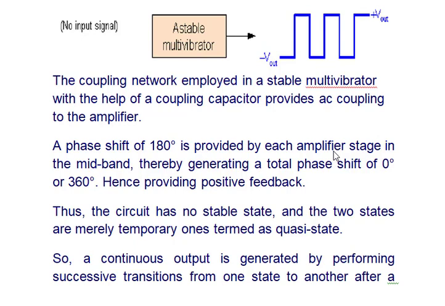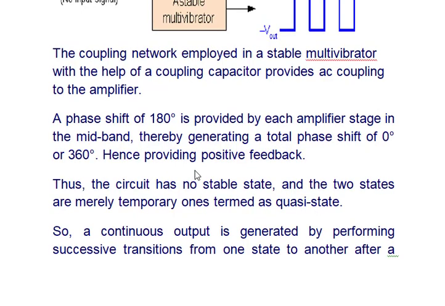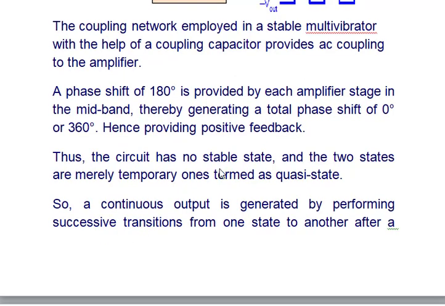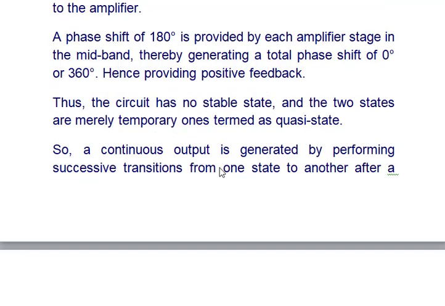The first amplifier shifts by 180 degrees and the other amplifier shifts again by 180 degrees. So the total phase shift is 360 degrees, or 0. Hence, we are providing positive feedback. The circuit has no stable state, and the two states are merely temporary ones, termed quasi-states. The temporary state is known as a quasi-state.